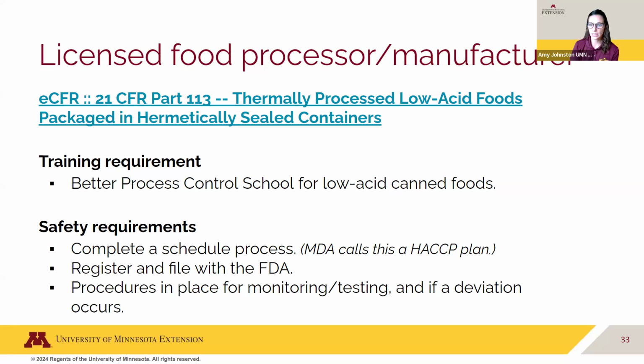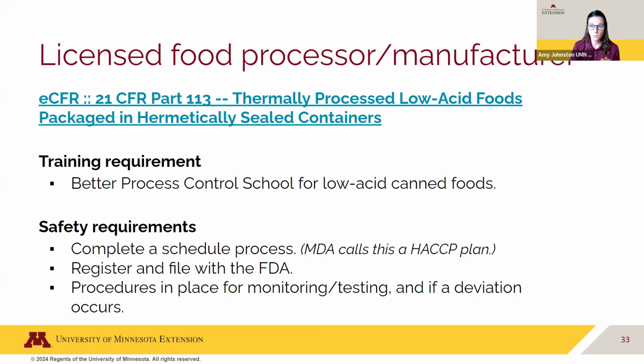That will require following the Code of Federal Regulations, CFR Part 113, thermally processed low acid foods packaged in hermetically sealed containers. So that's all of the guidance that you would need for that.